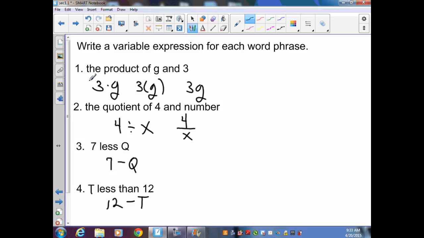In my first one, notice I did not follow the same order, G and 3. I usually have the number in front of my letter. But in quotient, I do have that in order from left to right, 4 divided by X.